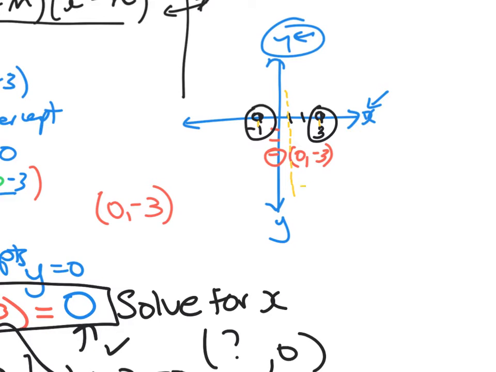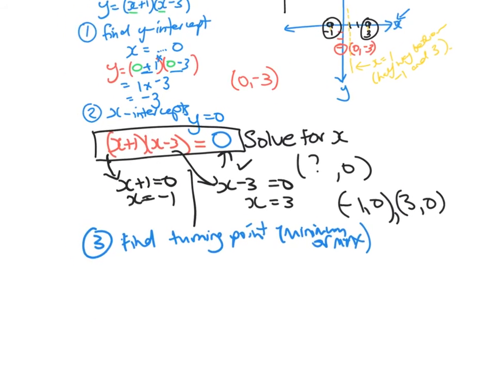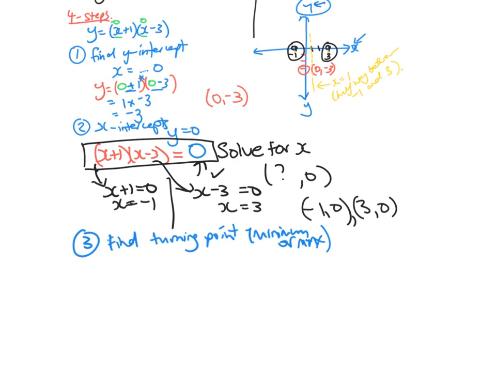So this is the line x is equal to 1, and it is halfway between -1 and 3. That's what you need to do. Your trick for finding the turning point is to find the midway x. I'm just going to check my notes here, make sure I'm giving it to you in the right way. Yep.